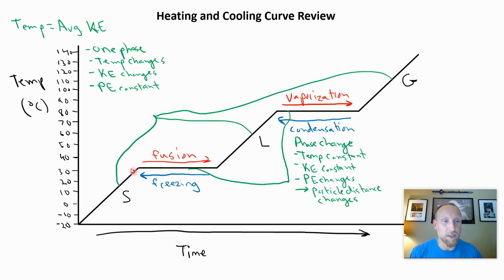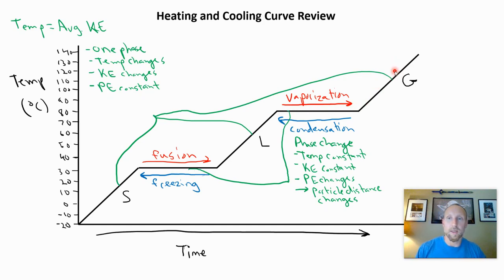And then when they get here, now they have enough energy to move into the liquid phase. So then they start spreading out, spreading out, spreading out. And then once they've all moved into the liquid phase, now they start speeding up, speeding up, speeding up. And then when they get here, now they have enough energy to move into the gas phase, spreading out, spreading out. And then they can start to speed up again and heat up and move up.